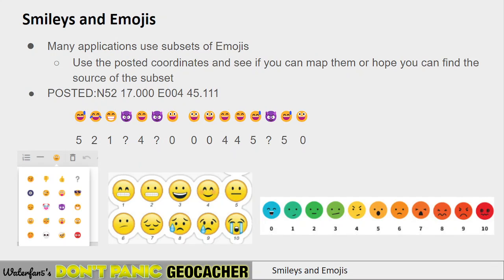So this is a very standard way emojis are used, and that is as a so-called substitution. Each emoji, because you have many different ones, represents a number, and you have to figure out which one is 0, which one is 1, which one is 2, etc. This can be very tricky because there are literally hundreds of different ways that somebody could have taken a subset.